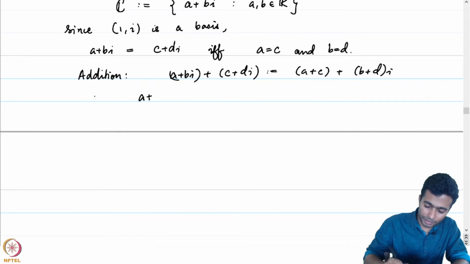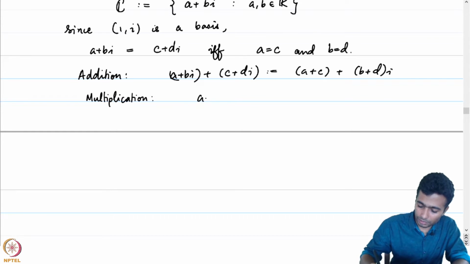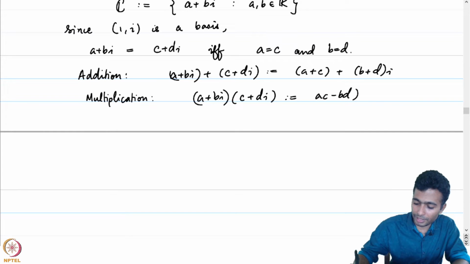And how about multiplication? We also defined the multiplication as being the product of cosets. So it will manifest in this manner here: a plus bi times c plus di is ac minus bd plus ad plus bc times i.